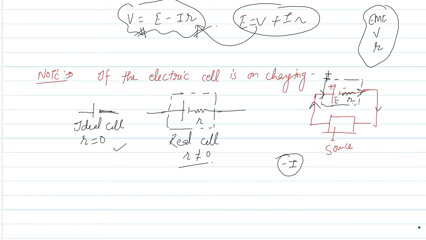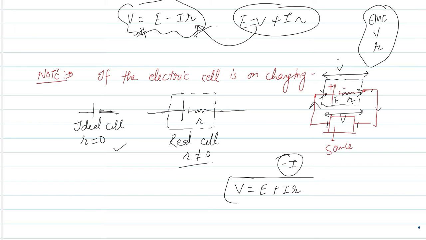So here the terminal potential difference, suppose it is V, and if the potential difference across the terminals of the source is V, then this is simply a parallel combination. So here we can also say that the terminal potential difference is V. So I can write the terminal potential difference as E plus IR.